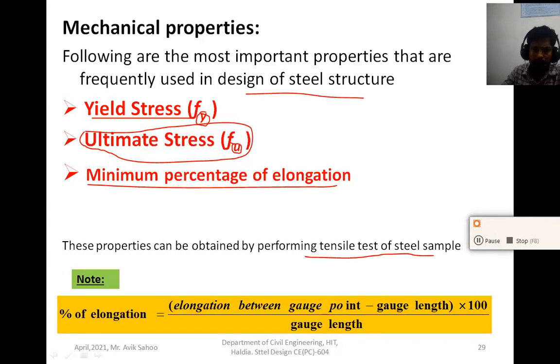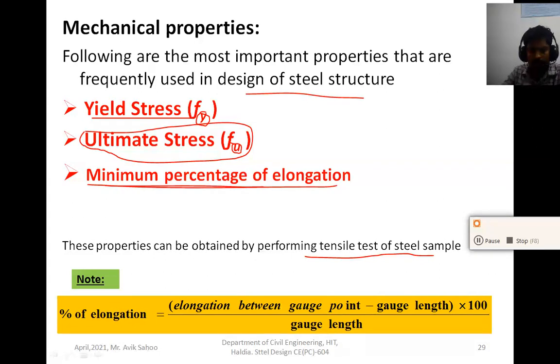So if I take a steel sample and the tensile test is performed, we can get the yield stress, which is the yield load by the area of cross section, then the ultimate stress, the maximum stress developed in the member, and the minimum percentage of elongation.